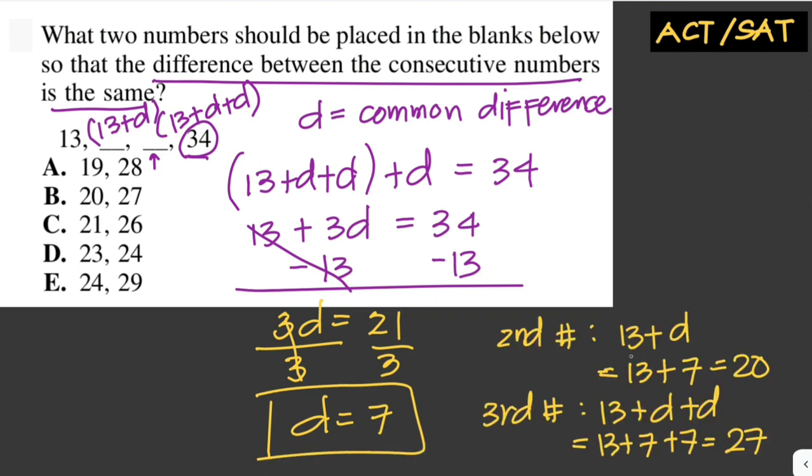Okay, therefore the second number is just 13 plus D, which is just equal to 13 plus 7, and that is equal to 20. And then the third number is just equal to 20 plus 7, which is equal to 27. Therefore, the two missing numbers are 20 and 27. So the answer is letter B.